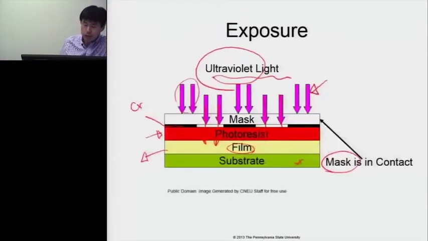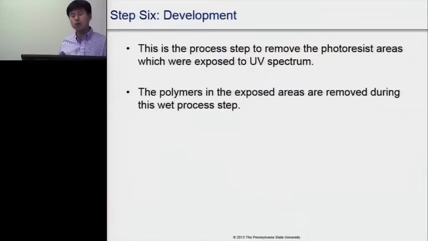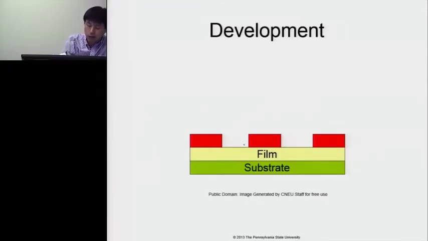So after this exposure process, as I mentioned before, in those UV exposed areas the cross-links of the polymer are already cut. So during the following wet chemical process, the polymer in those areas is removed.